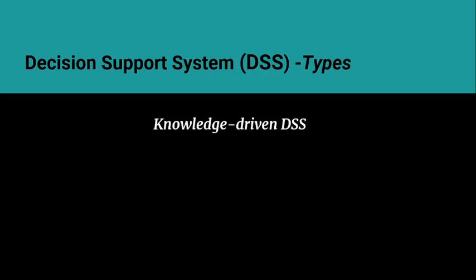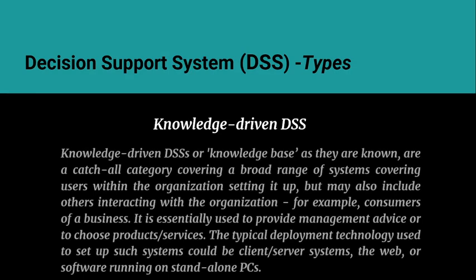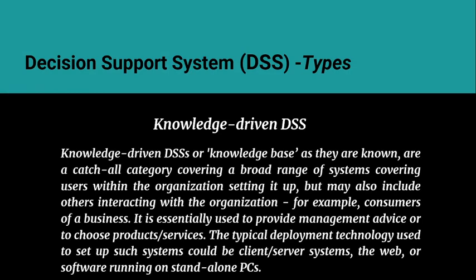Fourth is the knowledge-driven DSS. Another name for it is the knowledge base. They catch all the categories covering a broad range of systems, covering users within the organization setting it up, but may also include others interacting with the organization, for example, the consumers of a business. Essentially, this system is used to provide management advice or to choose products or services.